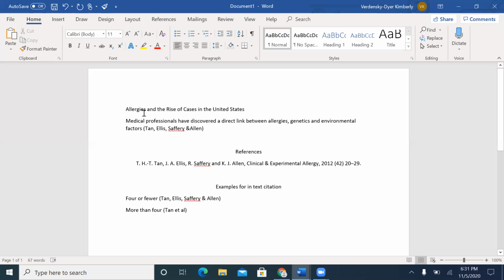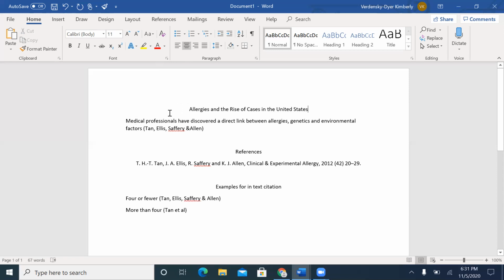Capitalize all of the major words of my title, and I'm going to center that. Anytime we are writing a piece, we want to make sure that we develop a title that reflects the tone and purpose of the piece, so that it's giving a snapshot of what's to come.